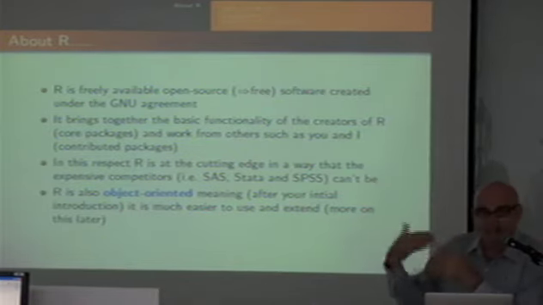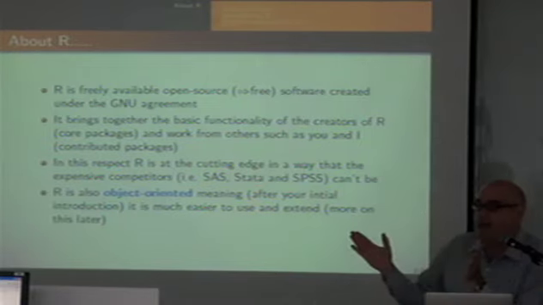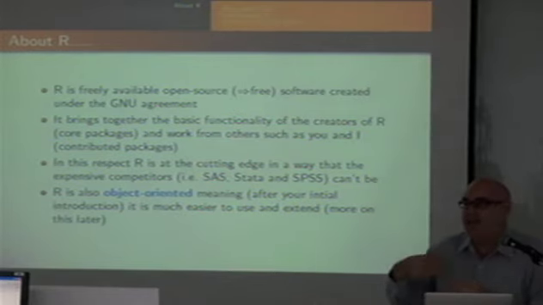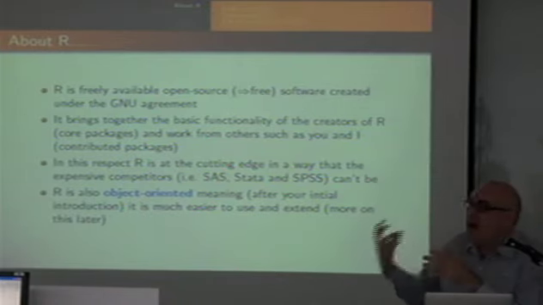It's well ahead of any of its competitors, because as soon as a paper is published, that functionality is available. If I come up with a new test, it is there. With SAS, with Stata, it takes years for that to filter down and their programs to go through it and so on. So the actual developers of a lot of these statistical techniques are the people who actually upload it to R.